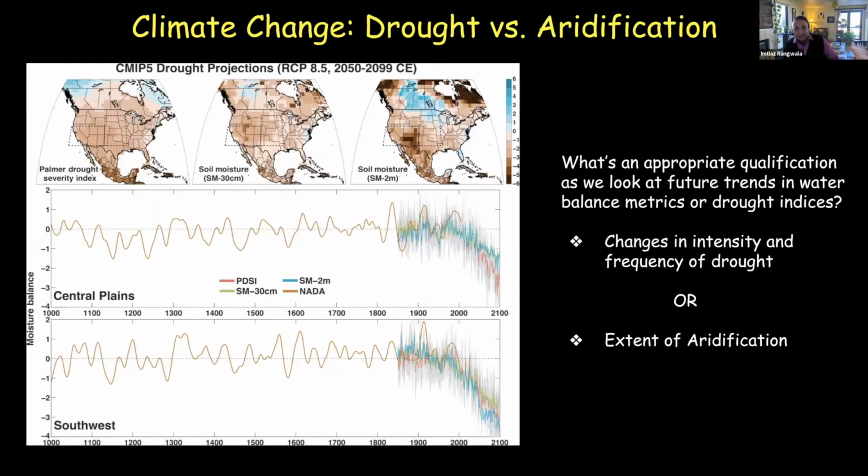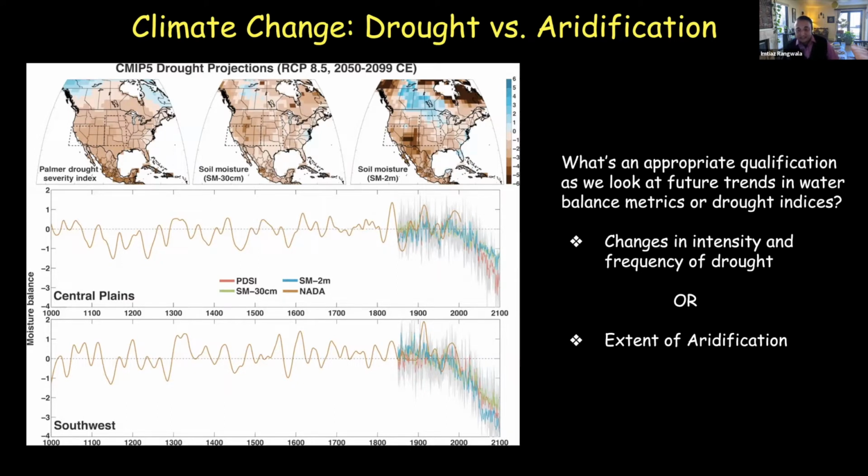Now I just want to bring the terms drought and aridification into the slide, especially in the context of climate change. We hear about a particular metric having a directional trend. Here we're looking at soil moisture in the Central Plains, sorry, and this is the Southwest, having this directional trend, both in soil moisture and in a drought index such as FDSI. When we see these studies come out and talk about these trends, the question is how to appropriately qualify them.